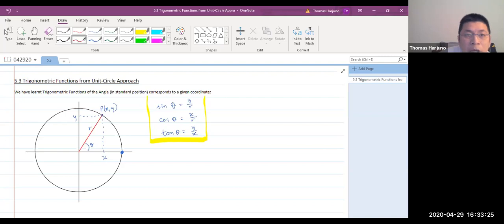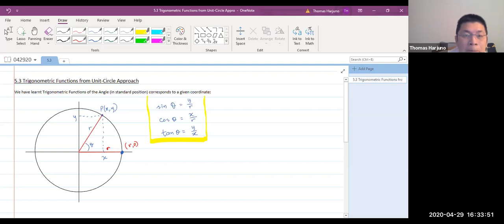The corresponding coordinate for 0 degrees will be here, right? Now that corresponds to the coordinate (r, 0), if this were r.